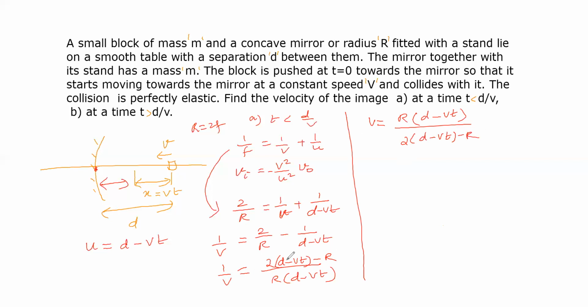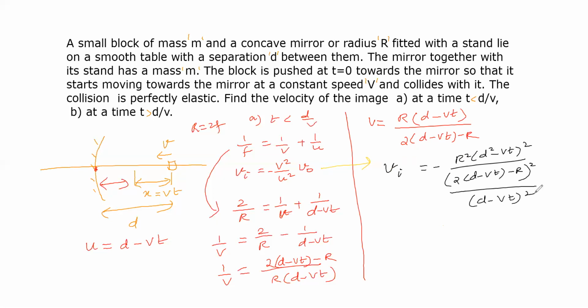Now we need to find the velocity of the image. To find it, we take this formula. Velocity of the image is equal to minus v square by u square into v naught. Substituting, minus v square is r square into d minus vt whole square divided by 2 into d minus vt minus r the whole square, and divided by u square, where u is d minus vt, so d minus vt whole square.